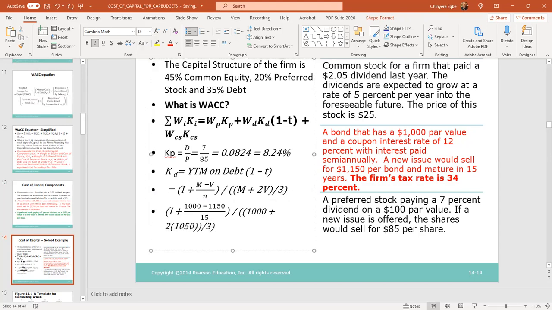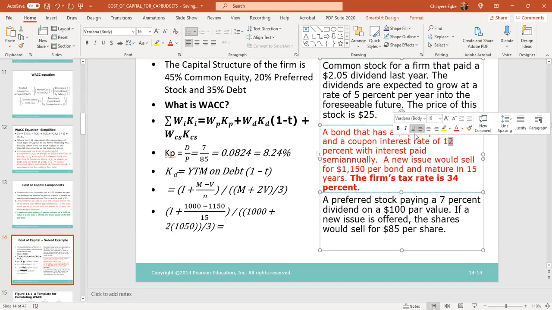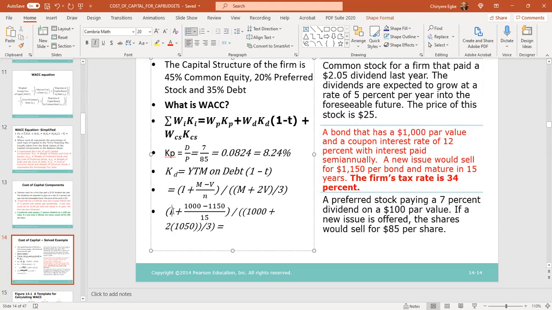What is I? I is the amount of interest. This bond pays 12% on $1,000, so I will be 120.